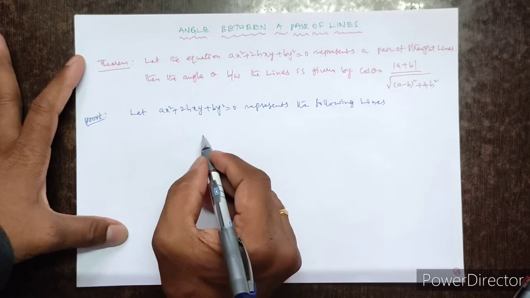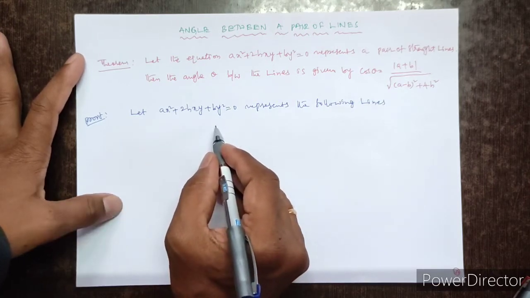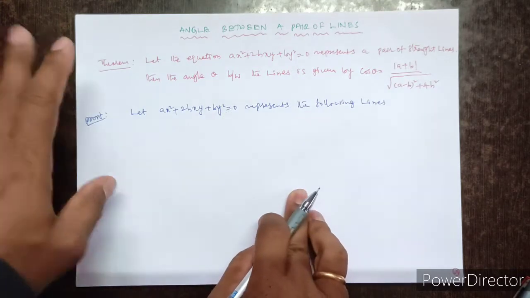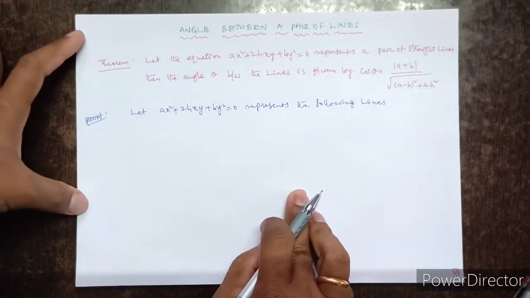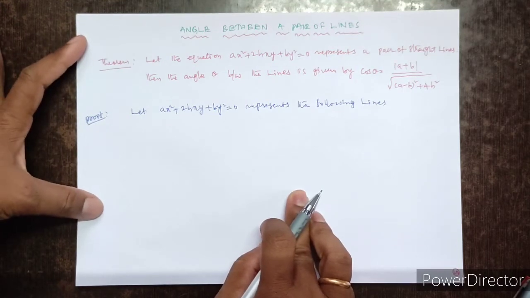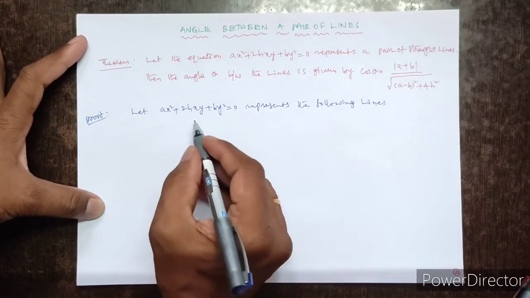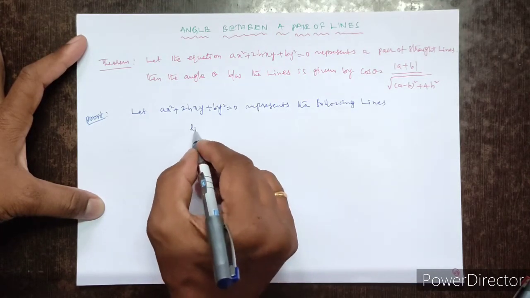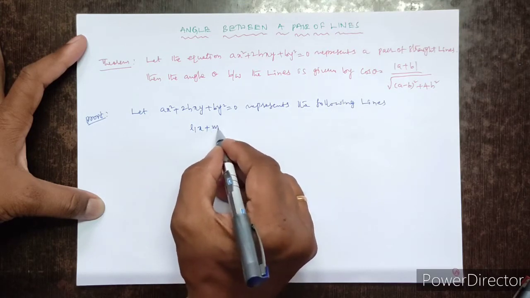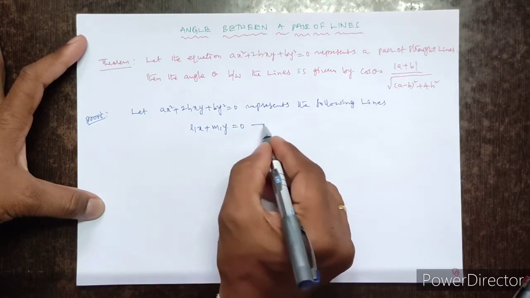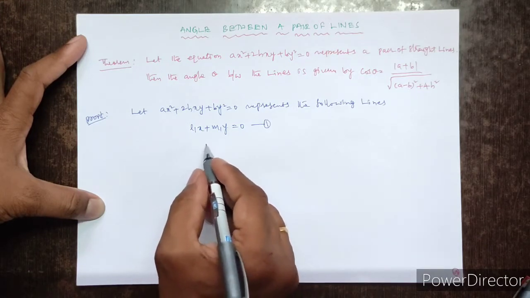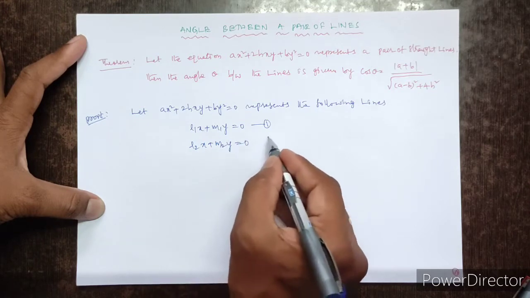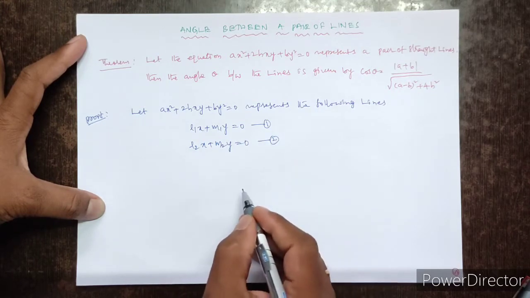Anyway, this passes through the origin, therefore the pair of straight lines should also pass through the origin. Therefore the lines are L1x plus M1y equal to 0, there is no constant here, and L2x plus M2y equal to 0. This is the second line.